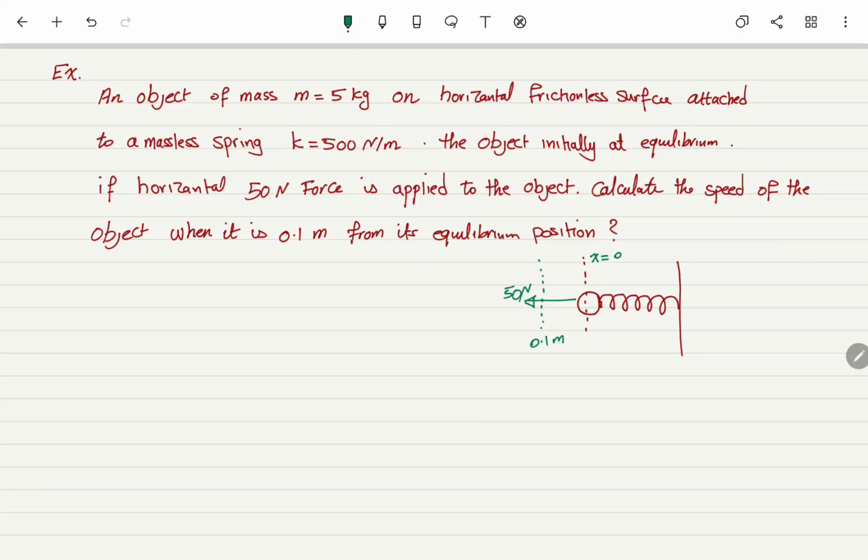Now let's write the work energy theorem.